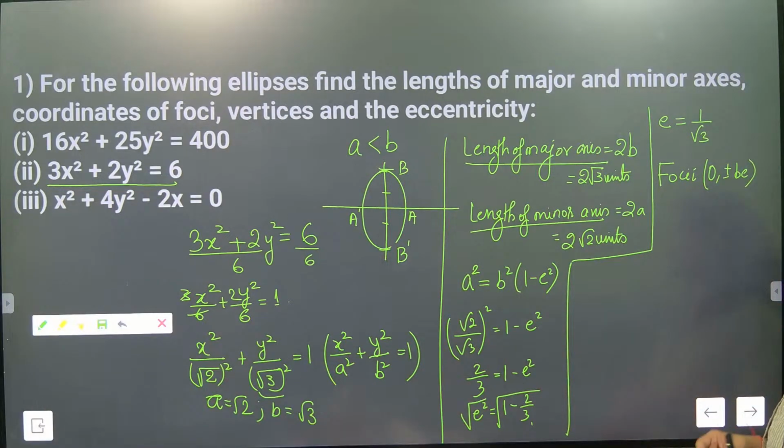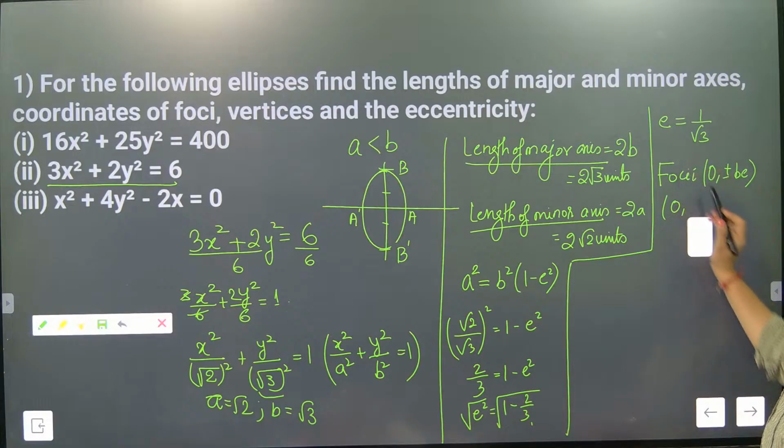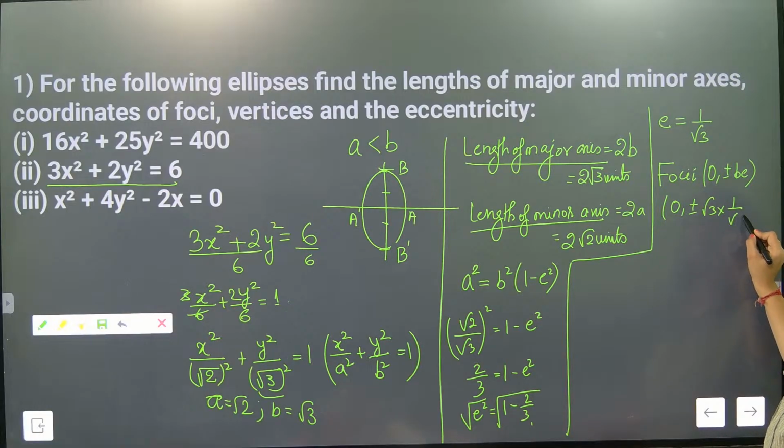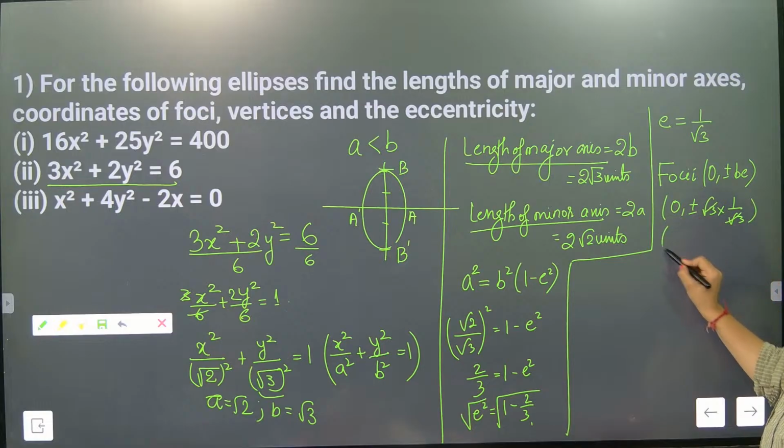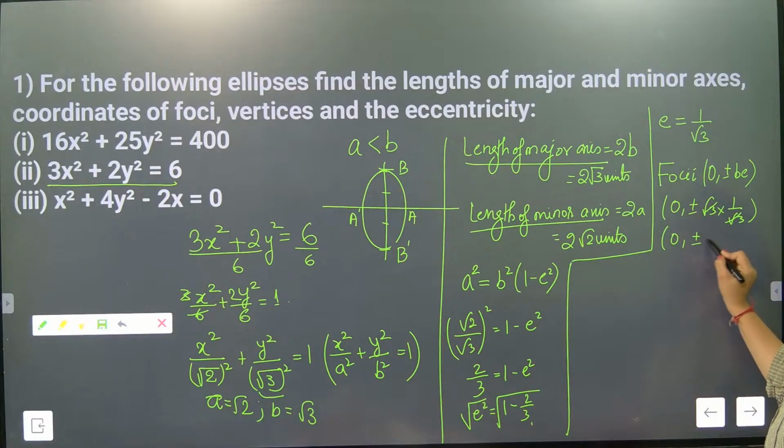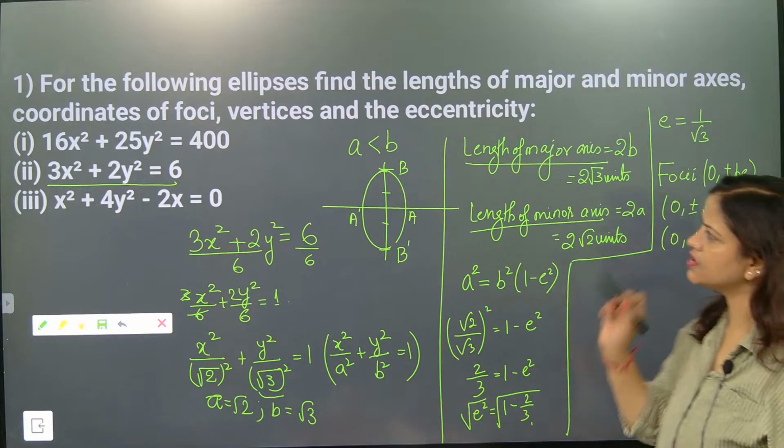One time the focus will be plus, one time it will be minus. So what is b, beta? b is root 3 and eccentricity is 1 by root 3. Plus minus root 3 into 1 by root 3, so the foci come as 0 comma plus minus 1. So our foci are also done.